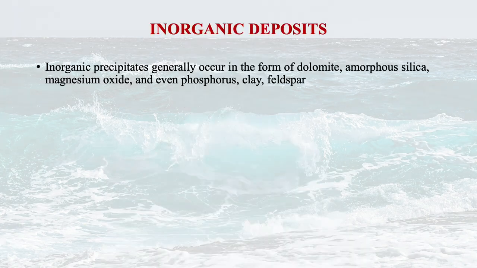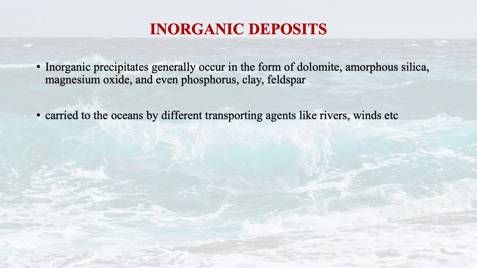Now, what are inorganic deposits? Inorganic deposits occur in the form of inorganic precipitates, and they are of dolomite, amorphous silica, magnesium oxide, and even phosphorus, clay, feldspar, etc. They are carried to the oceans by different agents of erosion, which you must have studied in the block on lithosphere.